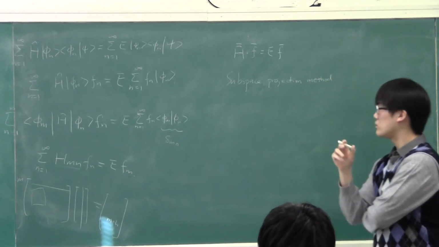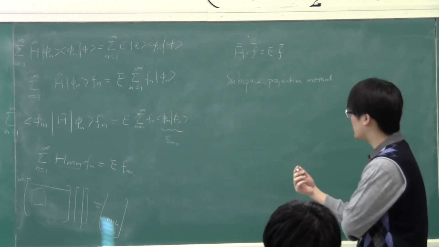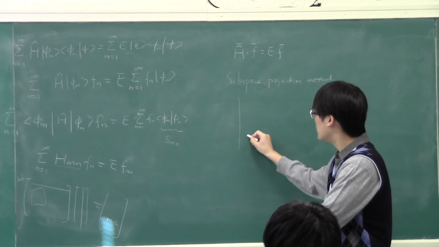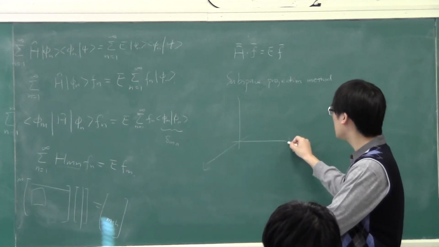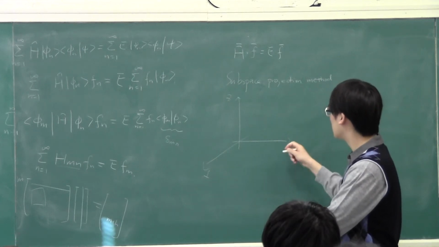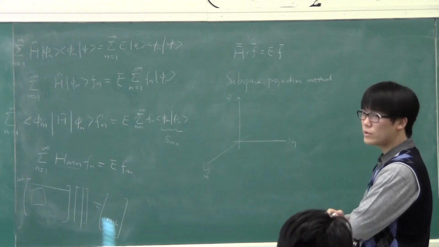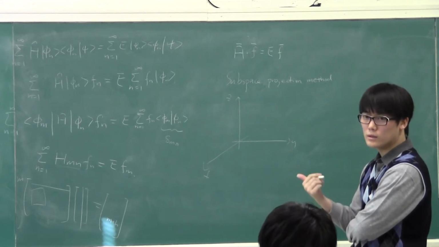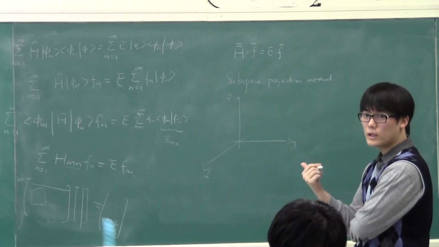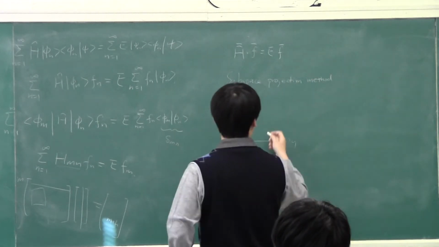To think about this, consider the easiest case: 3D Cartesian coordinates, x, y, z. A complete basis in this vector space is any three mutually orthogonal unit vectors.